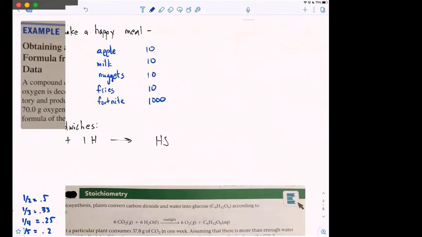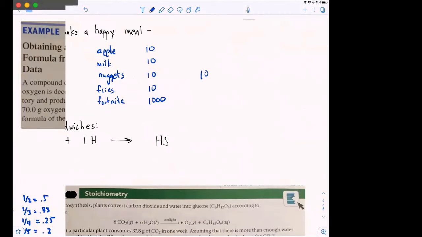How many Happy Meals can I make? 10, but I've got 1,000 Fortnite toy thingies. How come I can't make 1,000? I have enough toys to make 1,000. Am I limited by something? Of course, yes, you are limited. There is something limiting how much you can make, right? So in this case, it's everything else.